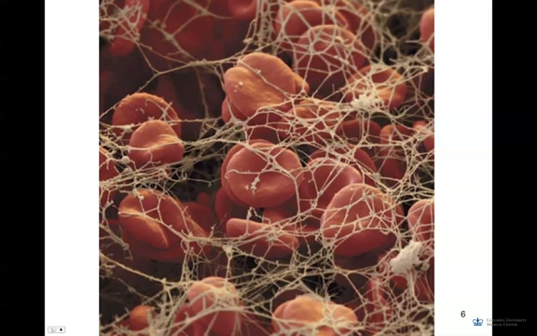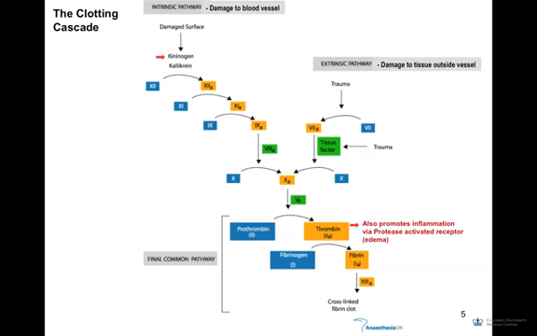So the cross-linking of the fibrin proteins creates this netting that traps blood cells and actually creates the blood clot. Okay, so that actually is what a blood clot looks like and what triggers it.